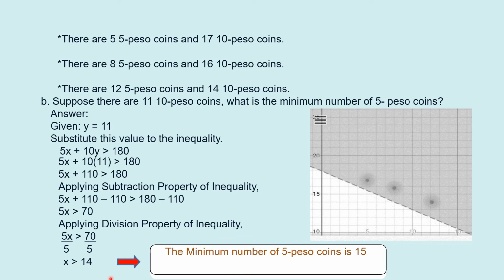So, here is the graph for our inequality 5x plus 10y is greater than 180. As you can see, we have located 3 points.